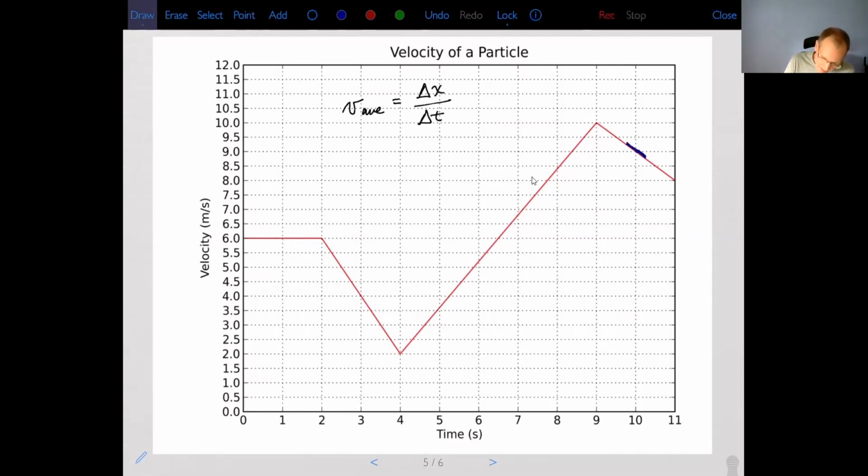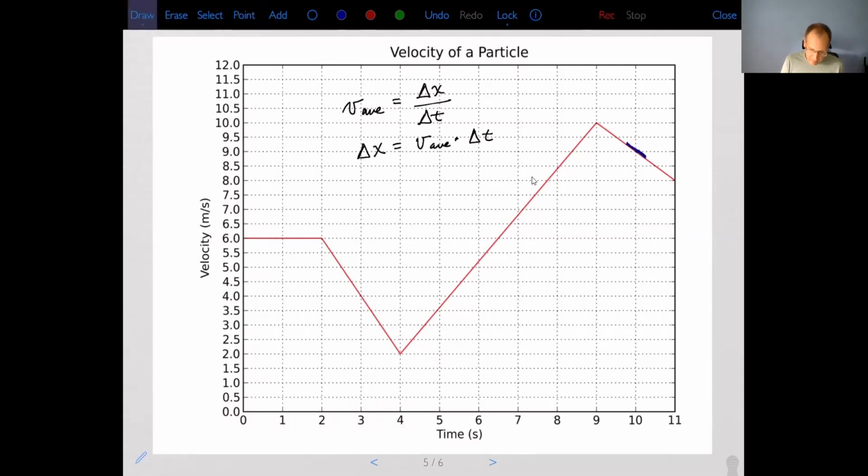If I rearrange this, I can write my delta x, my displacement, as average velocity times time, times delta t. So look what's happening here. If I want to know the displacement from 0 to 4 seconds, then I know it's going to be a velocity times a time.